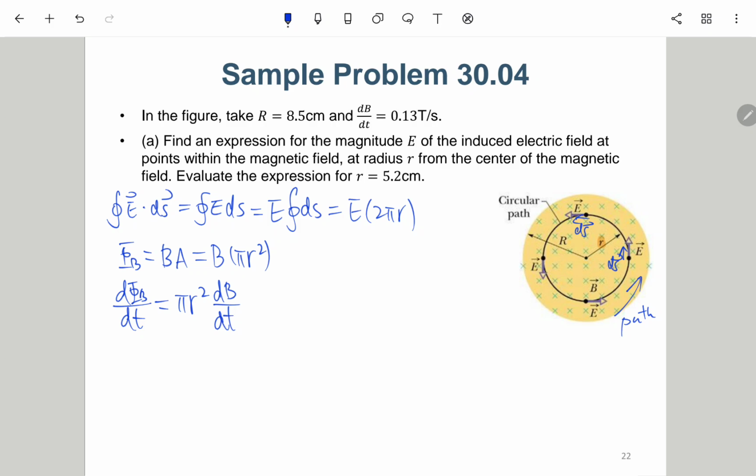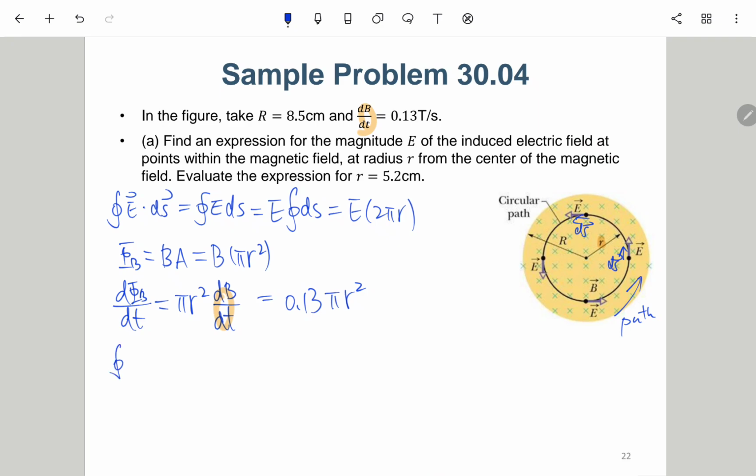Okay, so we will make use of this value, putting it here. So here it is 0.13 pi r squared.